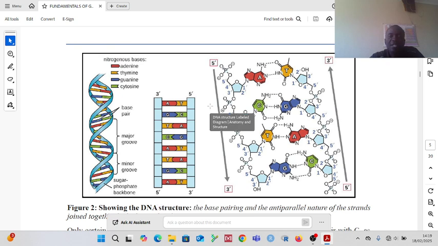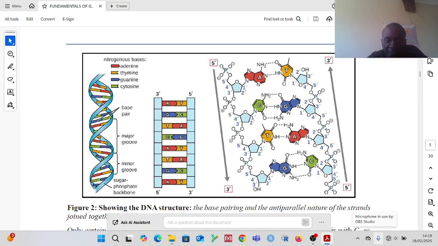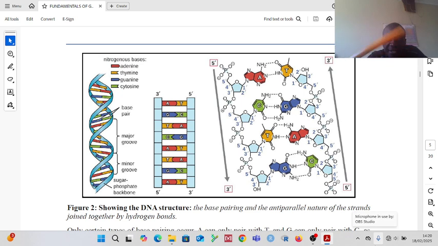Then because of the anti-parallel nature of this complementary strand, this is 5 prime, this is 3 prime, then this becomes 5 prime. Okay? Then the end of the 3 prime will be 5 prime. Then the end of the second one will be 3 prime. So that is the anti-parallel nature.